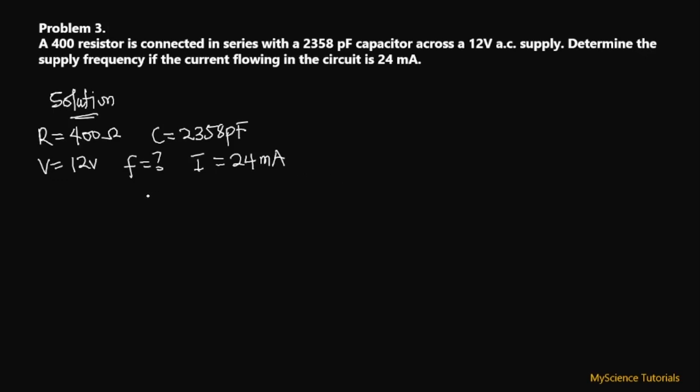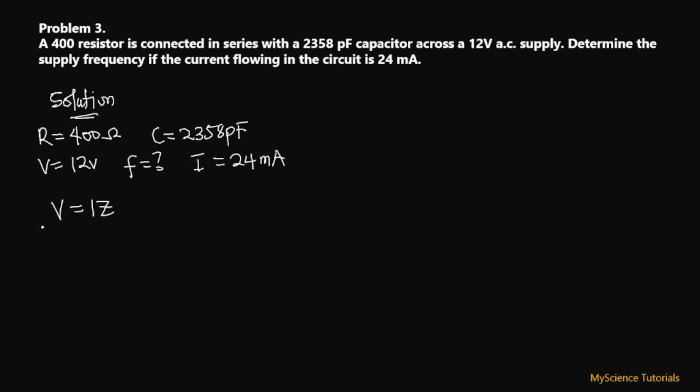Now for us to find the frequency, we first of all need to find the impedance of the circuit, because we have voltage is equal to current multiplied by the impedance. Now we have the voltage and the current, so we can find the impedance. After finding the impedance, we can go ahead to find our capacitive reactance, which will then enable us to find the frequency that we are looking for.